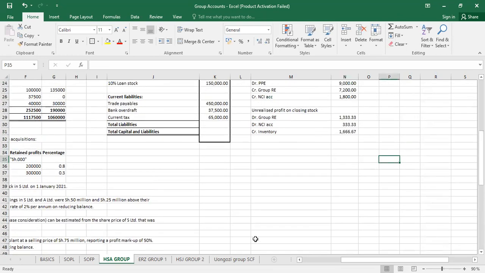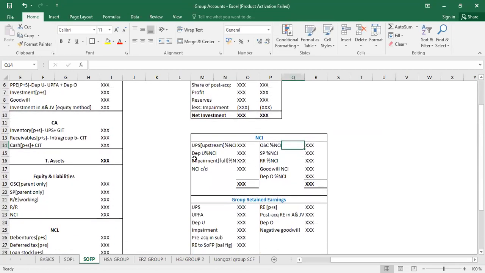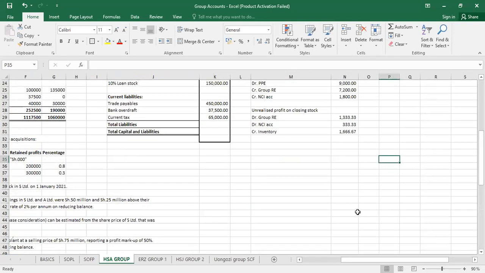Here is what we are doing. For unrealized profit on stock, if the sales are upstream from subsidiary to holding company, you also have the UPS now that will go to group retained earnings, the percentage that will remain. We move on. So those are the entries.